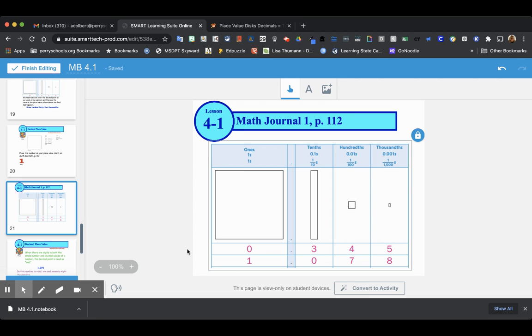So how would we say this? We would say 1 and 78 thousandths. I don't need to say a 0 for the tenths because when I simply say the number 78 and end it with thousandths, I know how to write this, and we'll get there.